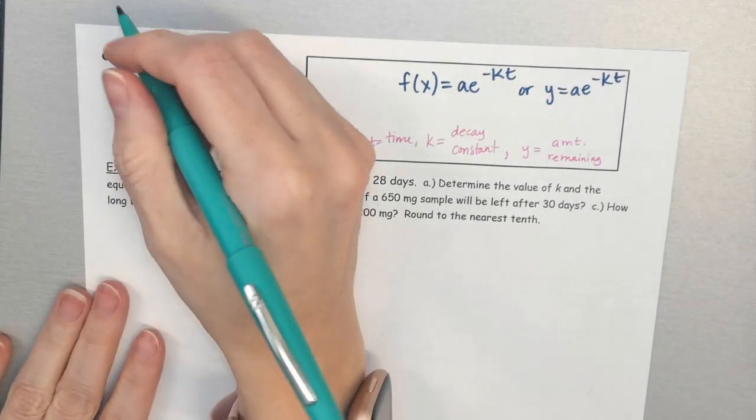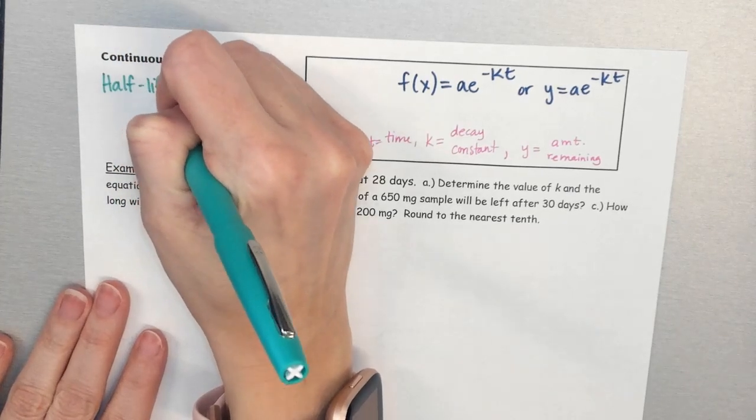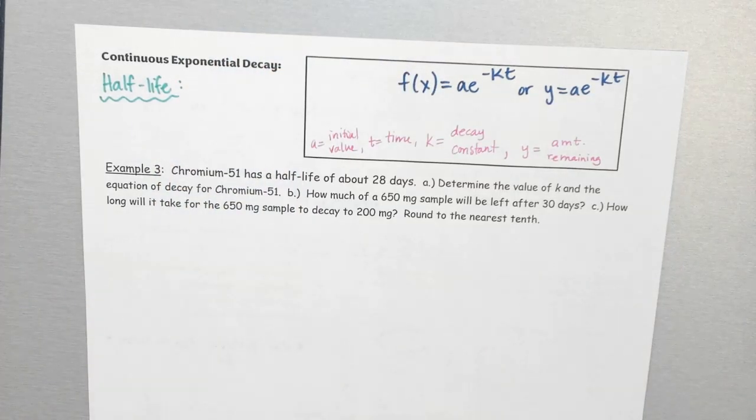Okay, and one of our applications has to do with the half-life of a substance. So many substances have a half-life value, and it is what it sounds like. Half of the life is how long it takes for it to be half remaining.